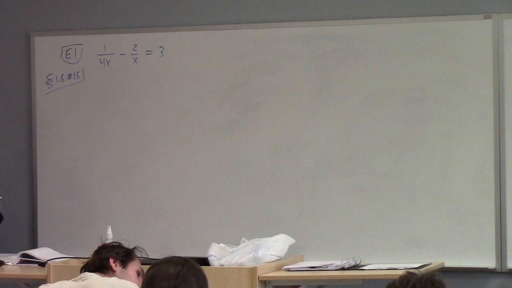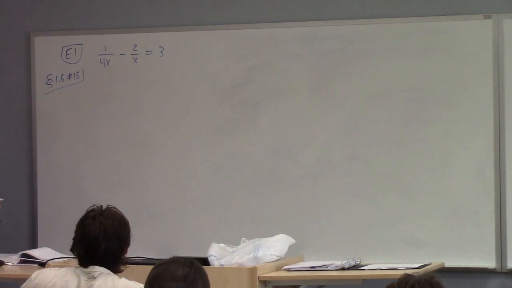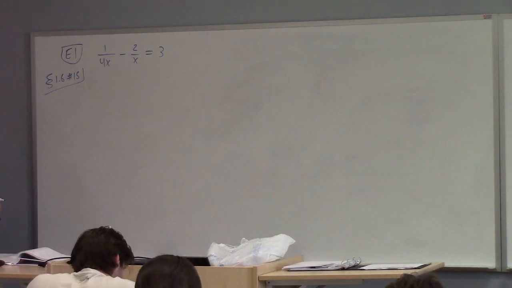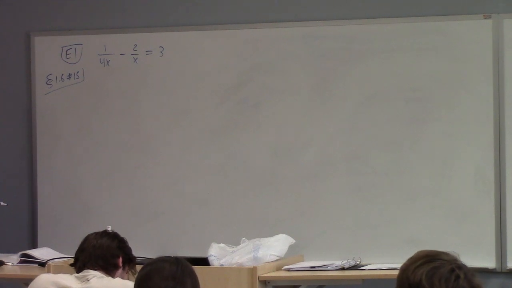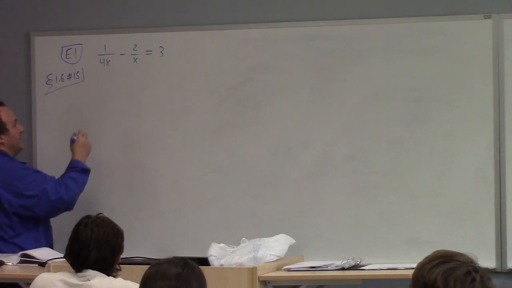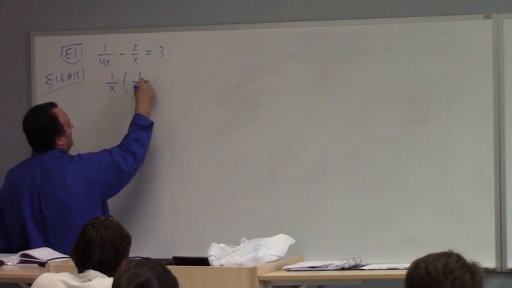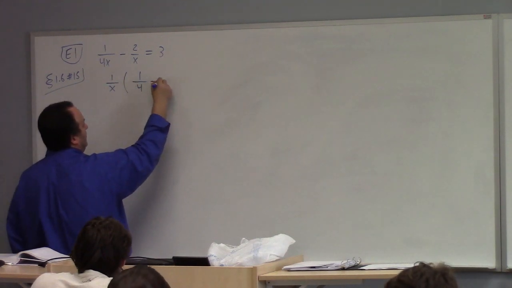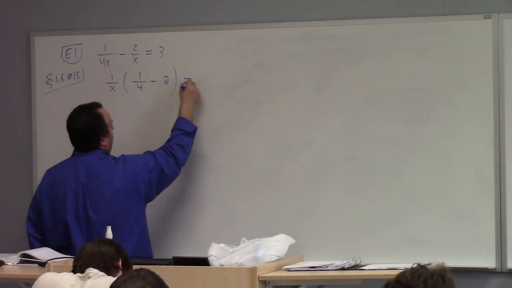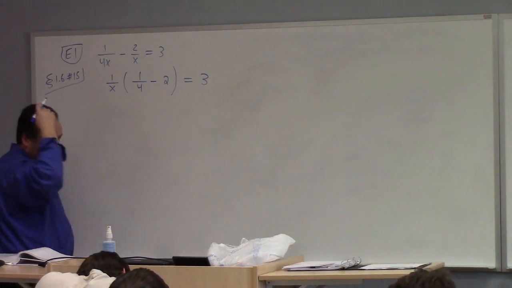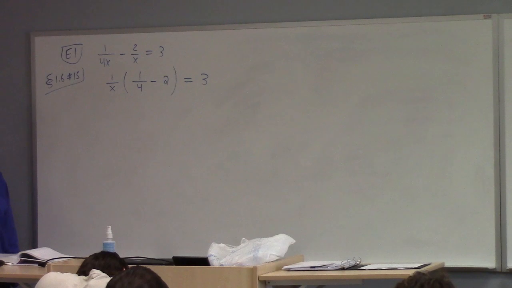Well, you could do that, but I think we could be lazier. How about this? Could we factor x out of this? I could do this, right? 1 over x times 1/4 minus 2. Does that make sense to you or no?